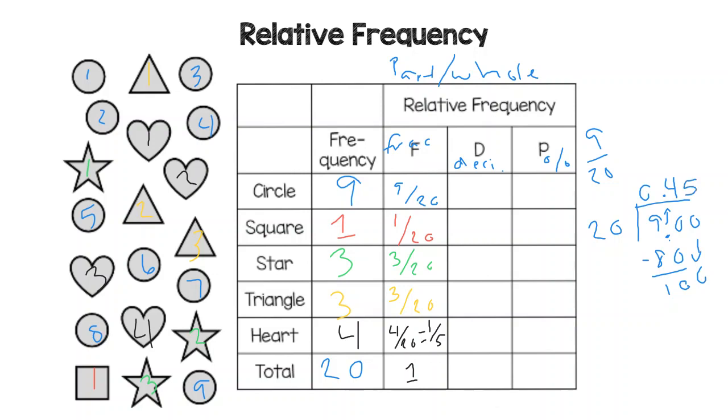It is 5, and 5 times 20 is in fact 100. So my answer is that 9 over 20 as a decimal is 0.45. And when we go from a decimal to a percent, we take our decimal 0.45 and move our decimal 2 places to the right. So it is 45%.